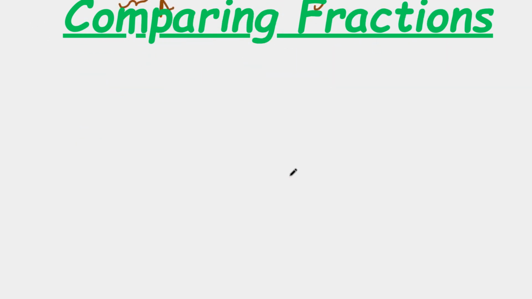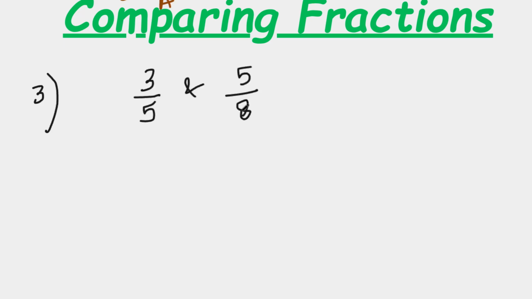Now let's discuss the next one, which is different numerators and different denominators. We will solve our chocolate question that we discussed in the beginning. Is 3/5 of a chocolate bigger or will 5/8 of the chocolate be bigger?